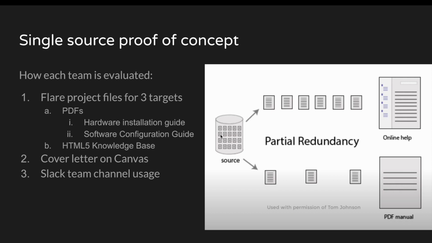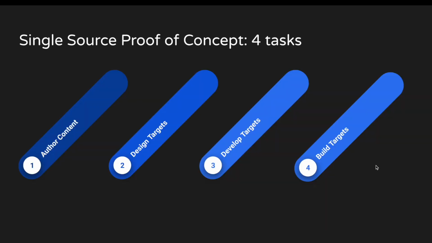And we'll be able to output from this single source to PDF manuals or to online help. The beauty of it is, if we remove something from the single source, it gets removed from the online help and the PDF. If we add something to the single source, we can set it to automatically add to the online help or PDF manual, right? So there's a lot of advantage in automation in this sense.